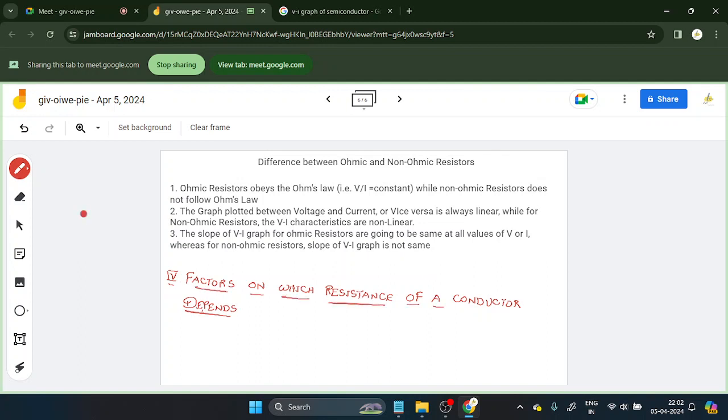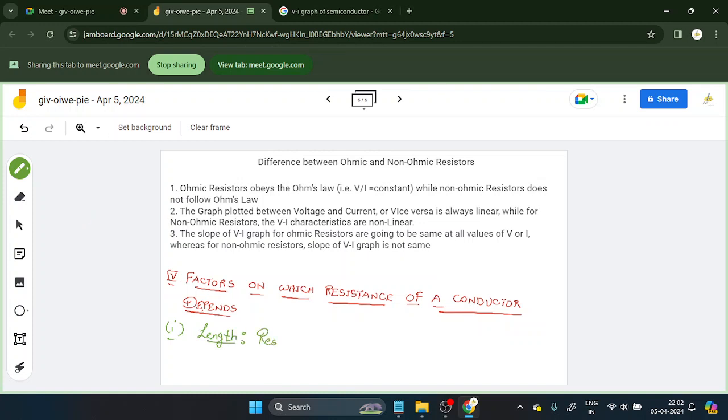So can you guess what are the factors on which the resistance of a conductor depends? Tell me. See, the resistance of a conductor depends upon the length. It is directly proportional to length.